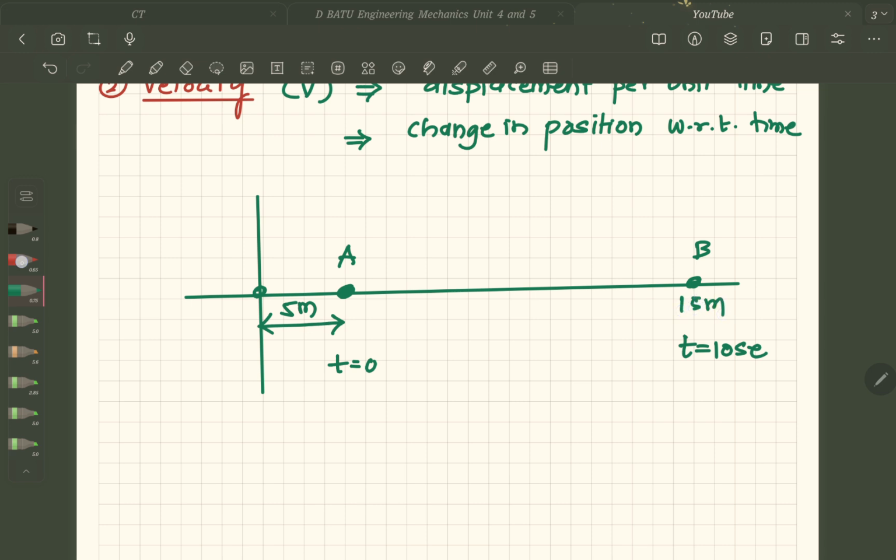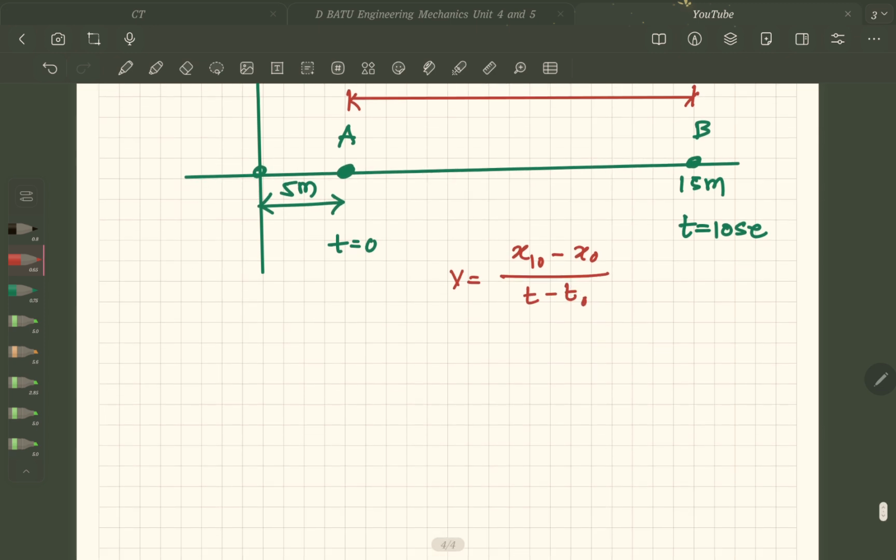Now we have to find out in how much time it has covered this particular distance. So for that, we have to consider the time period in this picture. So velocity becomes change in position, which is x10 minus x0 divided by t minus t0. So when I write this, it becomes 15 minus 5 divided by 10 minus 0.